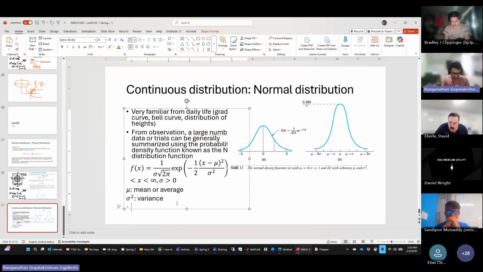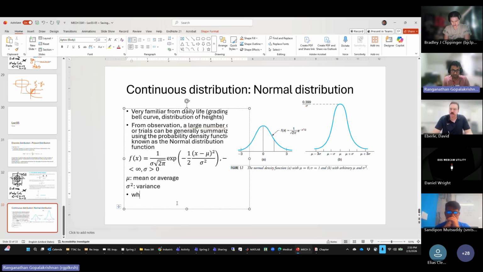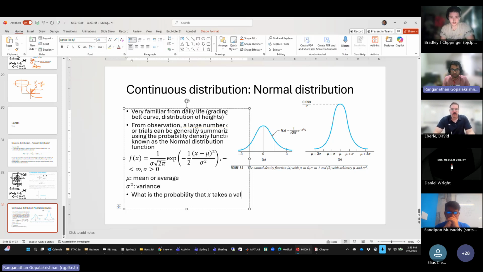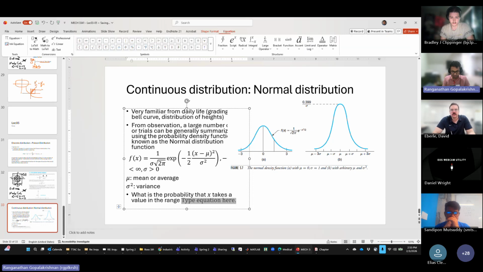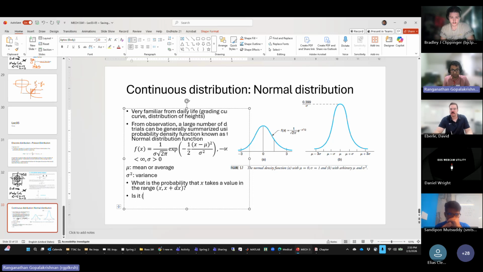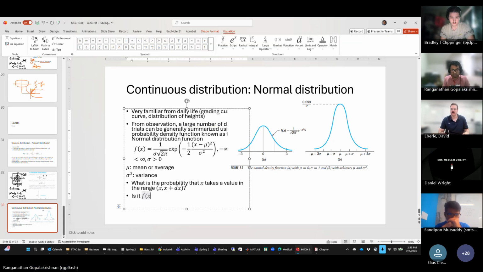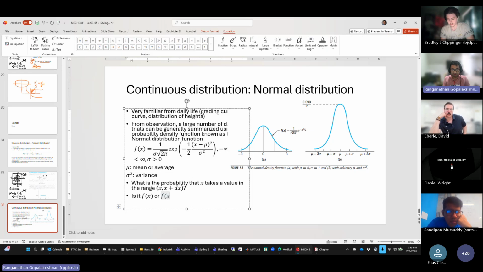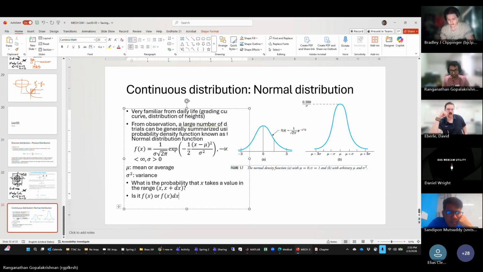Okay, quiz question. What is the probability that x takes a value in the range x to x plus dx? Is it f of x or f of x dx?